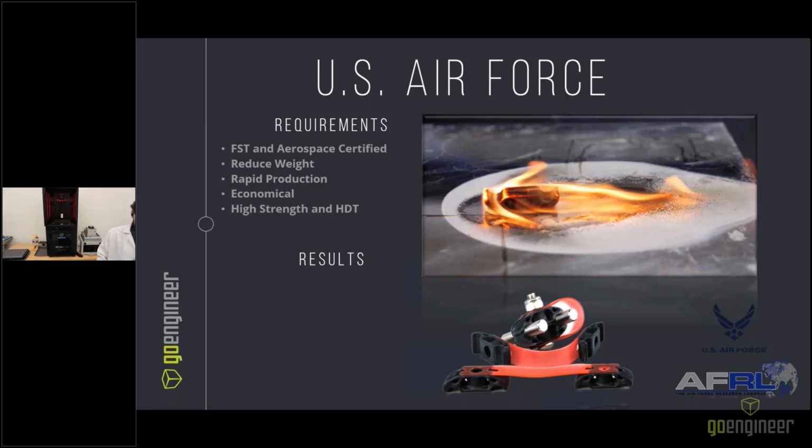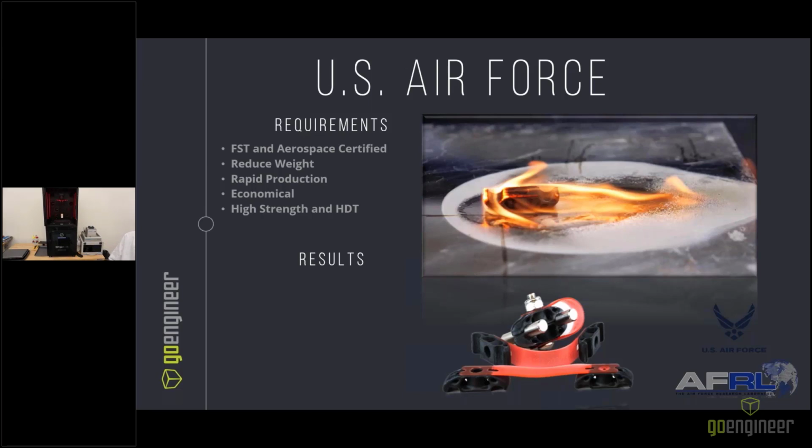The United States Air Force was actually struggling. They had to replace a lot of hydraulic clamps for F-16s that are currently on the field and in use today. But machining these parts and making them out of conventional materials wasn't a practical option.